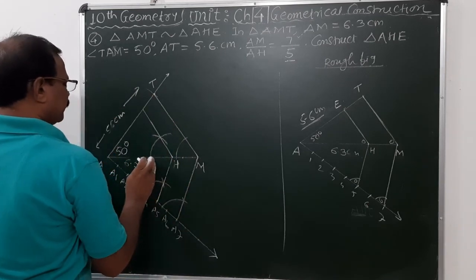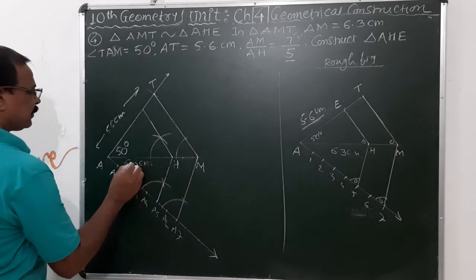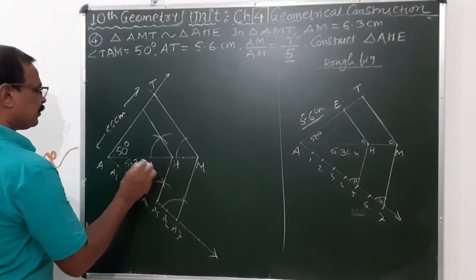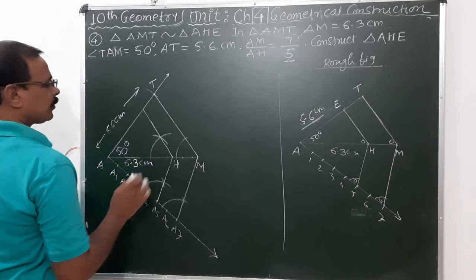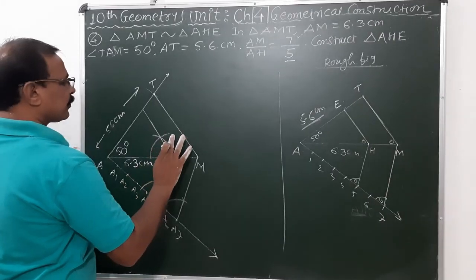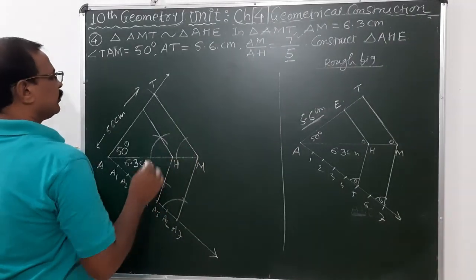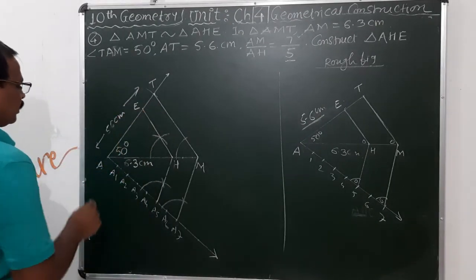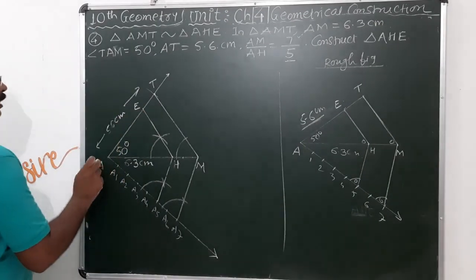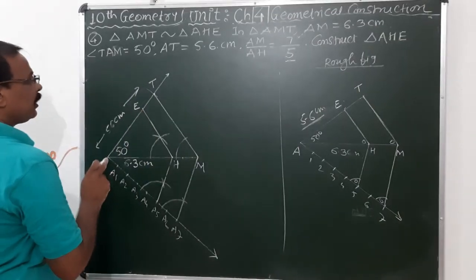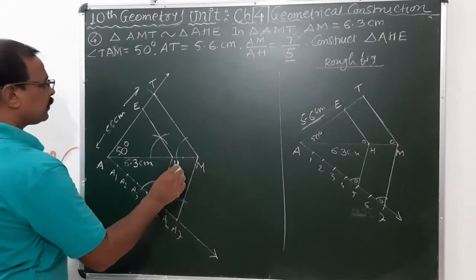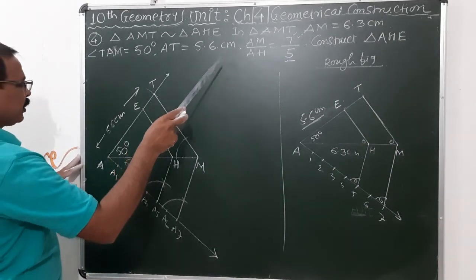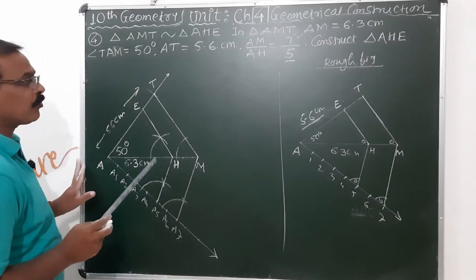Now this is 6.3 centimeter, which is given. Now this is your required point E here. In this way we can draw a triangle AMT similar to triangle AHE, so that the ratio of their corresponding sides is 7:5.